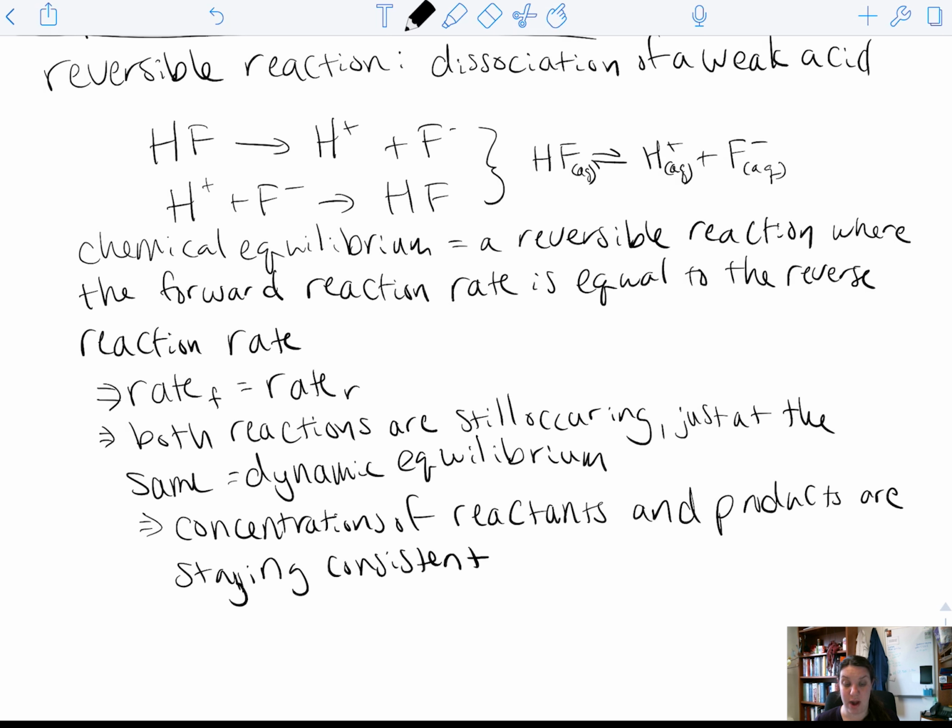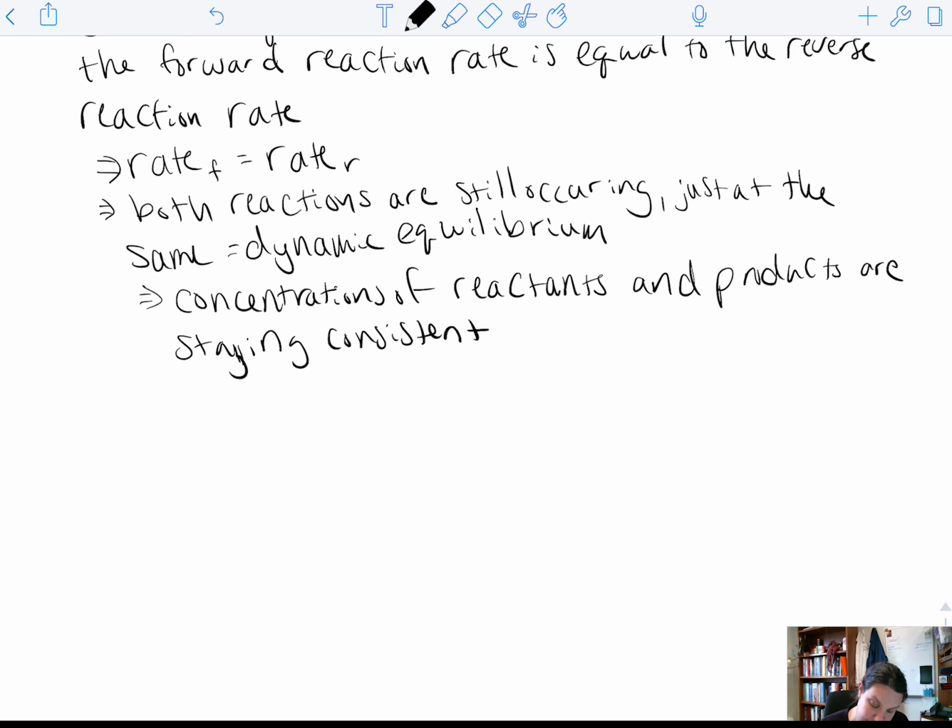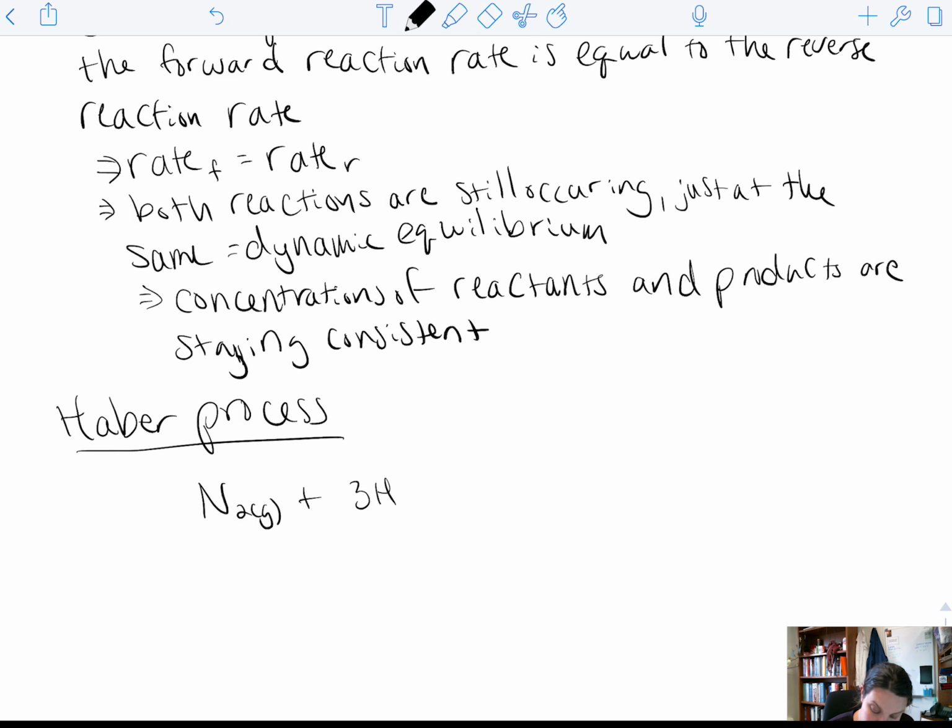That doesn't mean that our reactant and product concentrations are the same, just our reactant concentration isn't changing, our product concentration isn't changing. It has reached an equilibrium amount. So let's consider the Haber process. Haber process is a specific reaction where we have nitrogen gas reacting with hydrogen gas to produce ammonia gas.